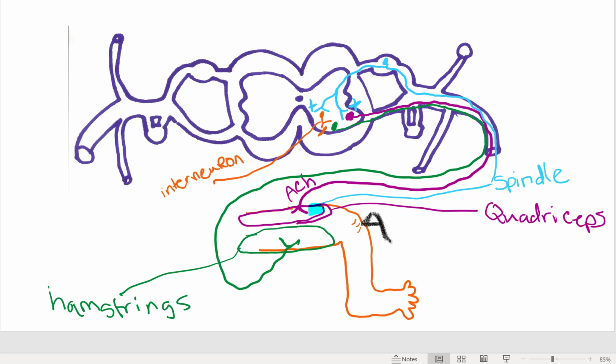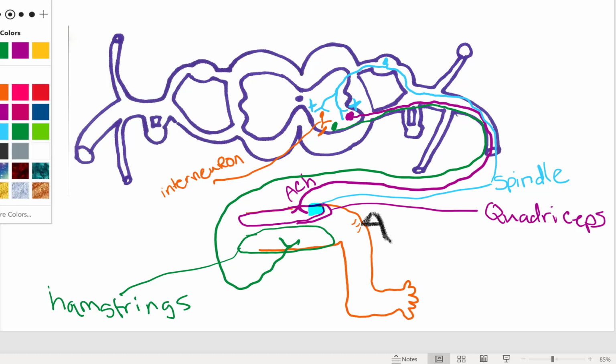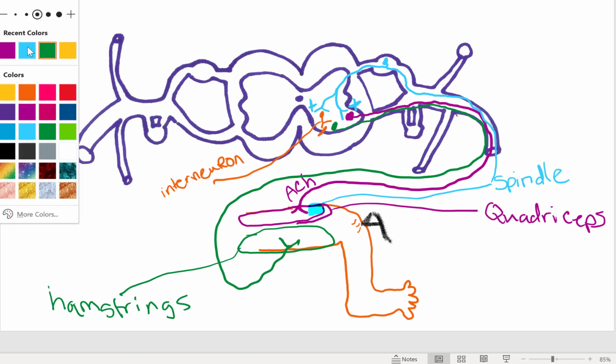And I could figure out which one is your somatic motor neuron that would be activated. Okay. So I've been giving this exam for many, many years. And trust me, I have ways to make sure, even if you only have a pencil, you can still draw this and I can still figure out what it is that you're identifying.